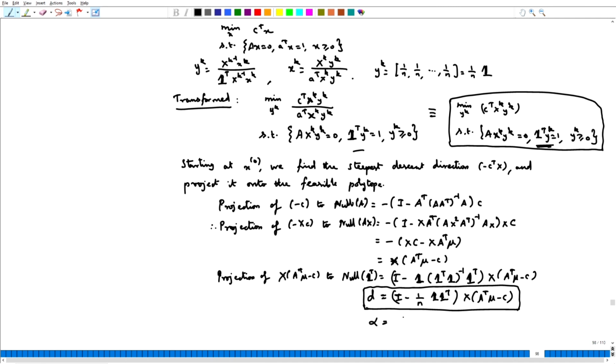But nevertheless I will just give the value of alpha. Alpha will actually be 1 by 3 root n into n minus 1, into 1 by norm d. Okay. So, what you will actually have is y_(k+1) as y_k plus 1 by 3 root n into n minus 1 into d by norm d. Okay.